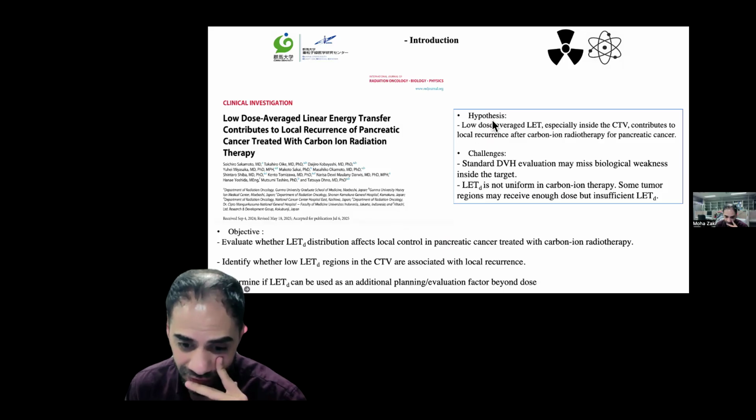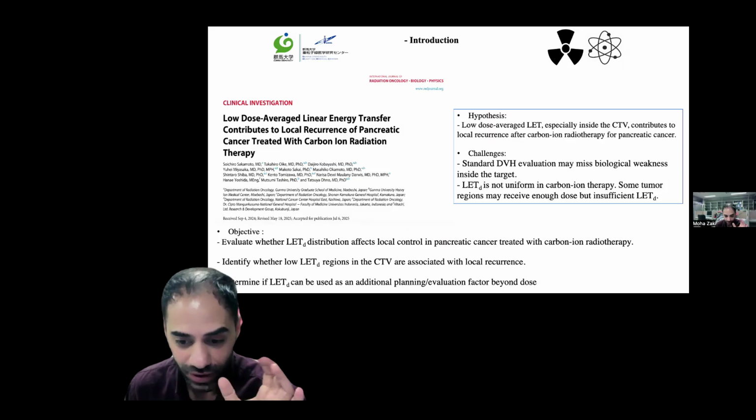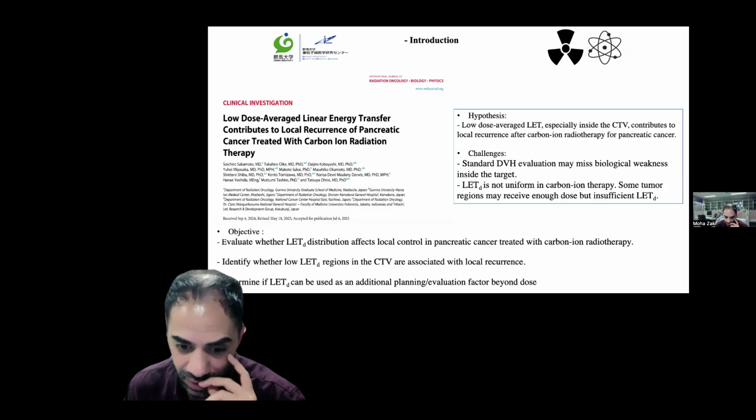Now, the hypothesis of this study is that low dose average LET, especially inside the CTV, contributes to local recurrence after carbon ion radiotherapy for pancreatic tumor. There are several challenges.